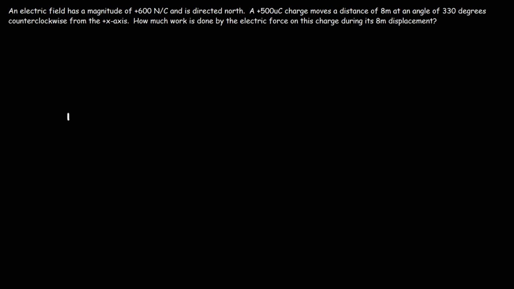So let's draw what we know. So there's an electric field directed due north, and we have a positive charge. Let me draw the positive charge separately. Let's place it here. Now this positive charge is moving at an angle of 330 degrees.